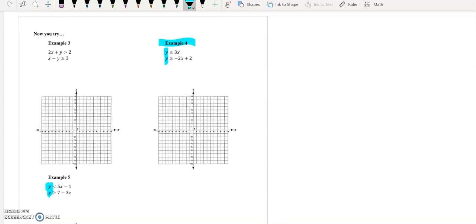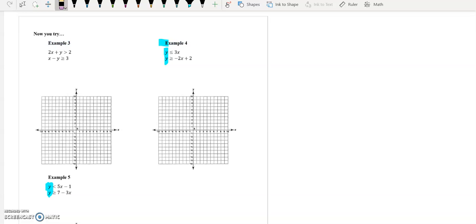They already have the y's by themselves. So find the y-intercept, the slope, and graph it. Making sure to do solid versus dashed, shading above or below, and then finding that overlap section as your final answer. Number 3 is the only one where you will have to solve both of those equations to get y by itself before even graphing.